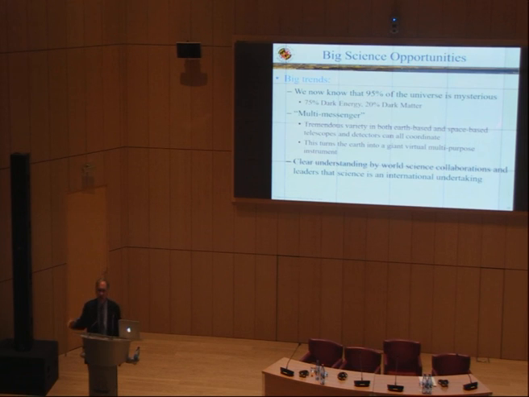This huge variety of detectors can now be correlated, some mostly using GPS to know the time of the detection. It turns the Earth into a giant virtual multi-purpose instrument. And remember, you might say, well, what do we know about cosmic rays? Well, there's a few mysteries here and there.